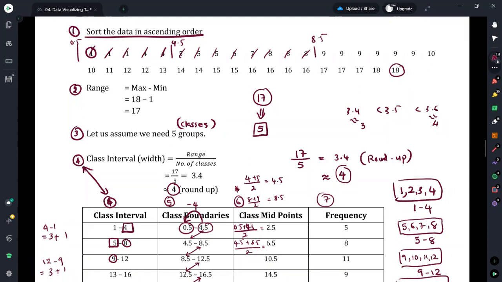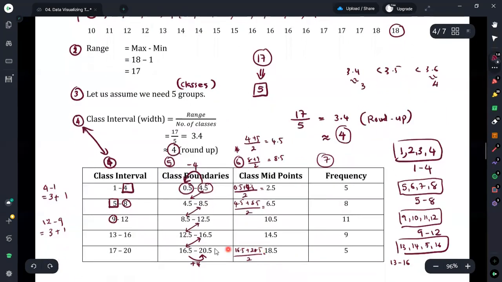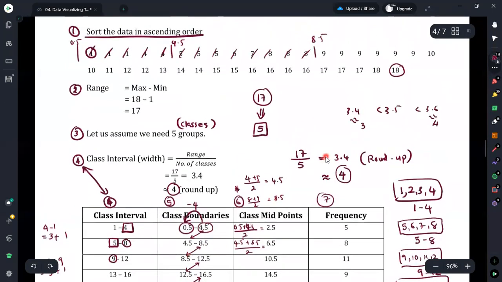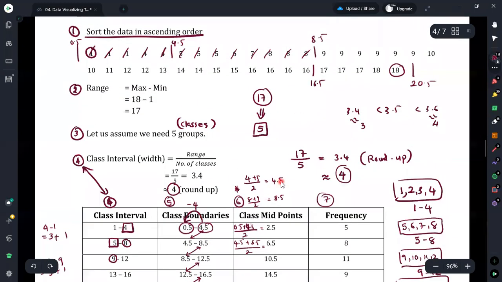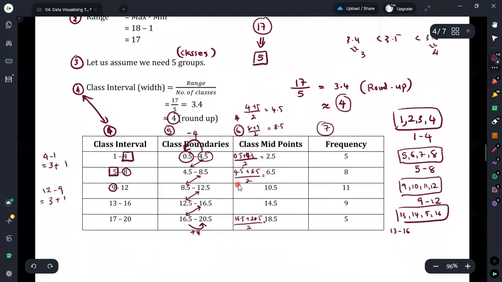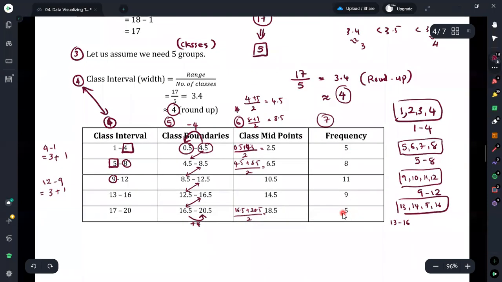In a similar manner, we can now go for the last set of values. It is from 16.5, somewhere here, and it goes up to 20.5. Therefore, we can see that altogether 1, 2, 3, 4, and 5 values are included. That is why we are getting 5 here.